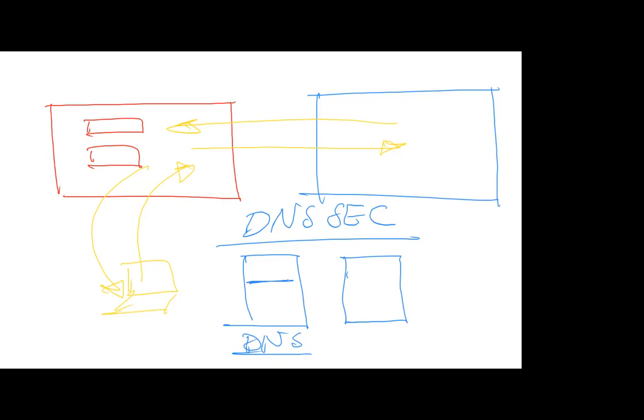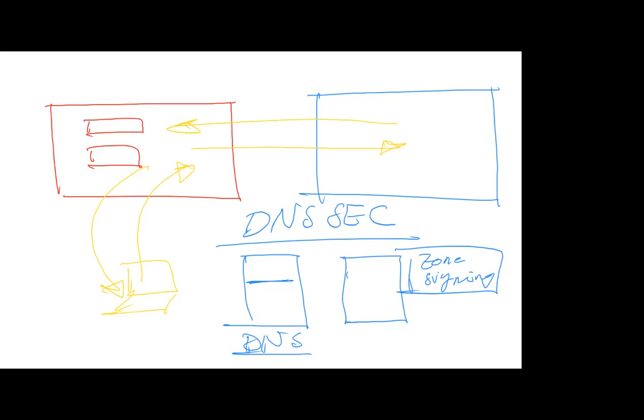It is called zone signing. This signature shows that this reply for your naming resolution is coming from the authorized server. How do you know it is authorized? You will know the authorized server from digital certificates, which use public and private keys.